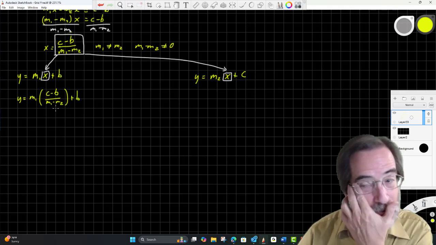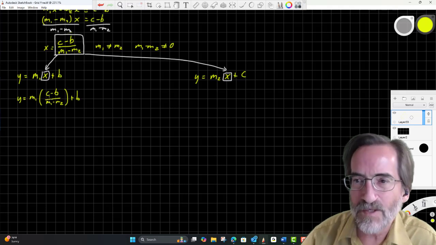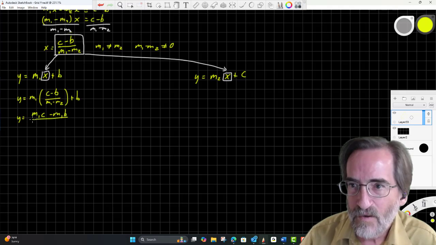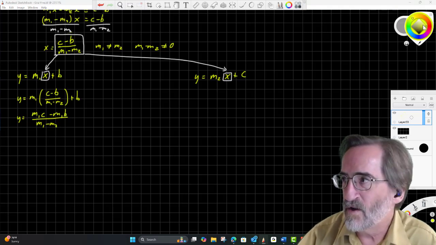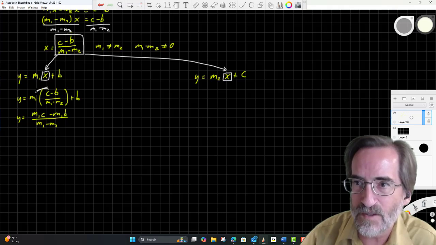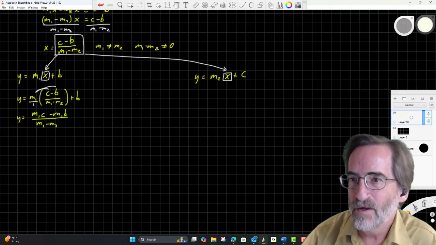Okay, and let's go ahead and work this one. I was going to work them simultaneously, but I'll work this one out separately here. y equals, distribute, m1c minus m1b. That's just distributing the m1. Okay, I'll demonstrate that with a little diagram. We distributed m1 to c and m1 to b, thinking of multiplying m1 over 1.